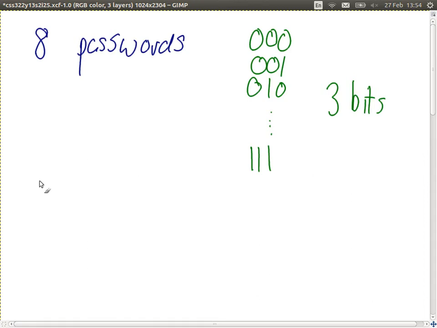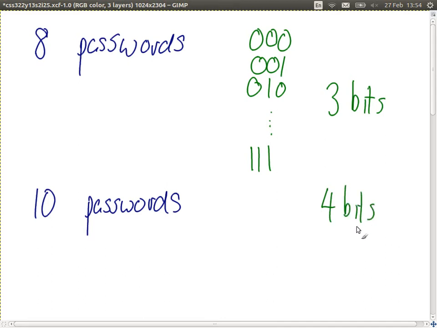If there were 10 possible passwords, how many bits needed? 4 bits, correct? Where does 4 come from? How do you calculate 4? What's the algorithm in general now? We use the log in base 2. The log base 2 of 8 is 3.